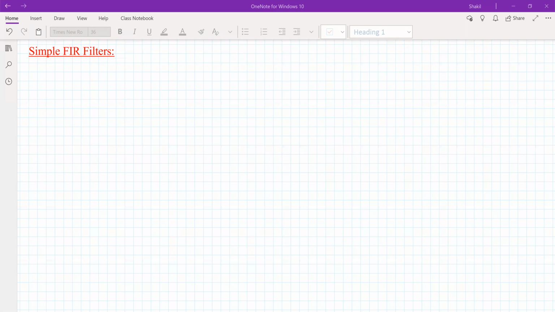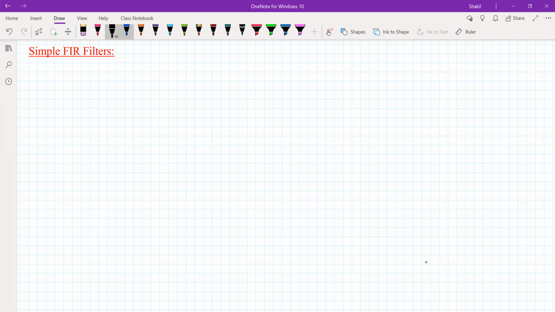Let's start. First, let's see the impulse response of a low pass FIR filter.